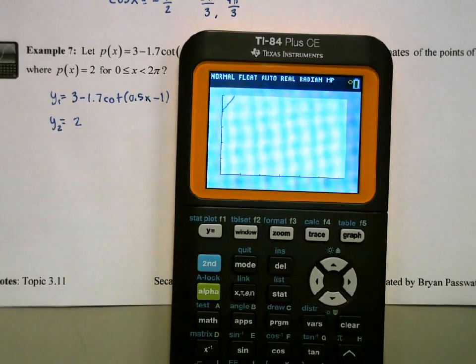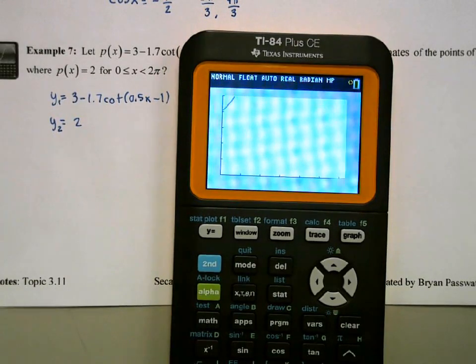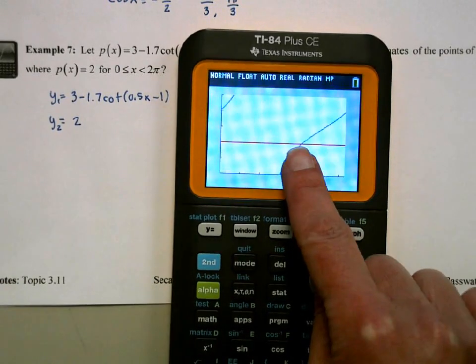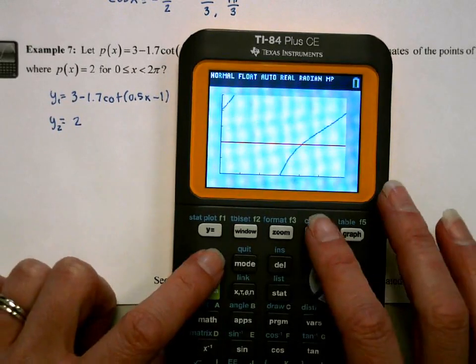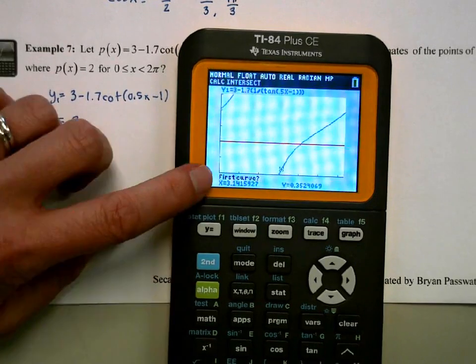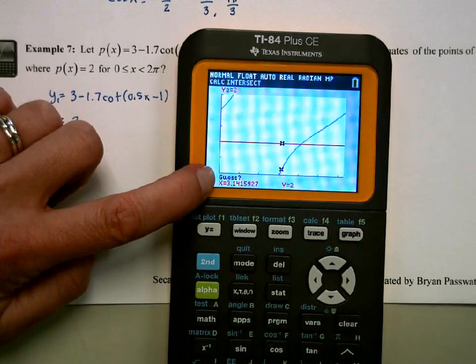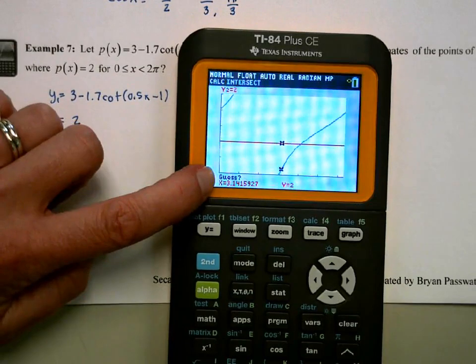The graph will go off the window, and that's okay, because again, we're only interested in 2. Next we'll see our horizontal line, and that's my solution. So I'm going to go to my calc menu, find the intersection. It's going to ask for first curve, enter, second curve, enter. Since there's only one intersection shown, I can go ahead and enter right away. And we have our location.